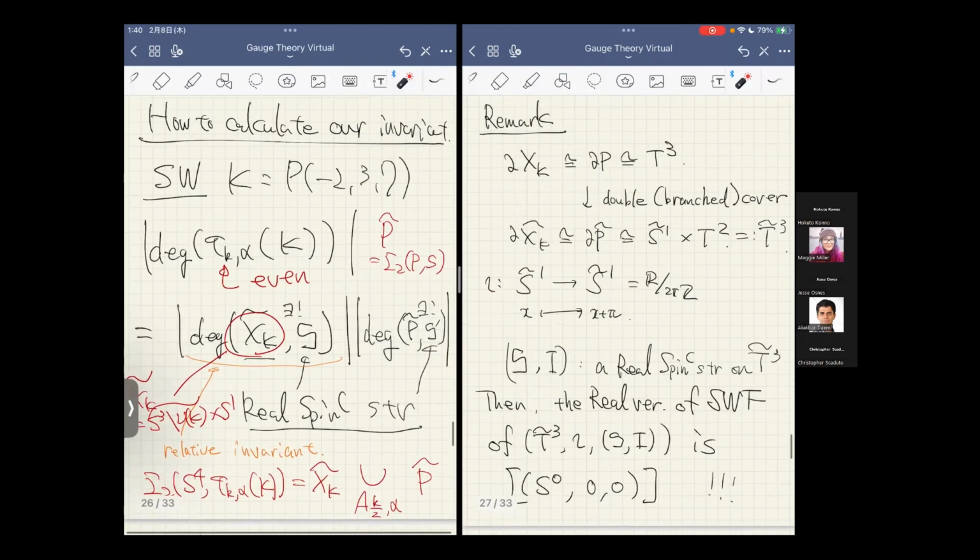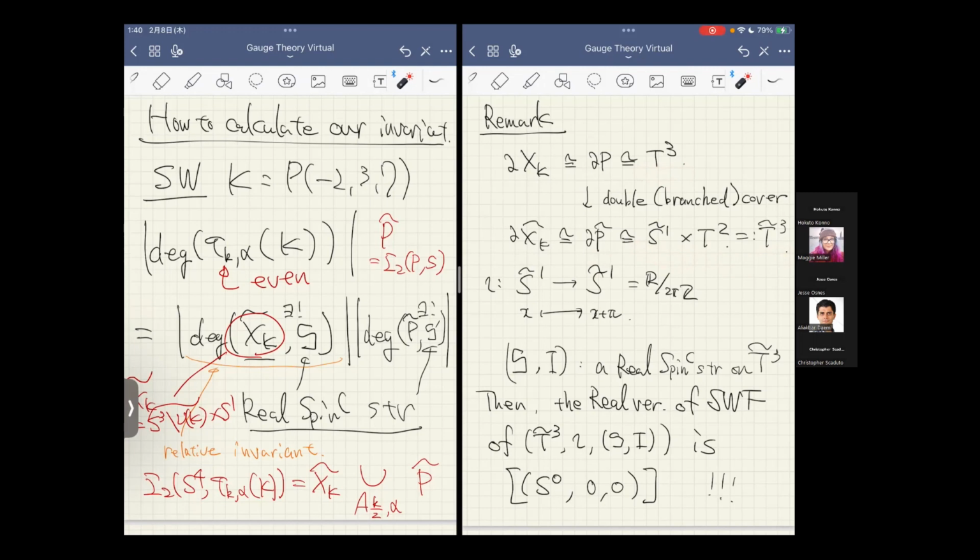So let me remark about the relative invariant. The boundary of these four-manifolds is T^3, and the double cover of this boundary is given by this.